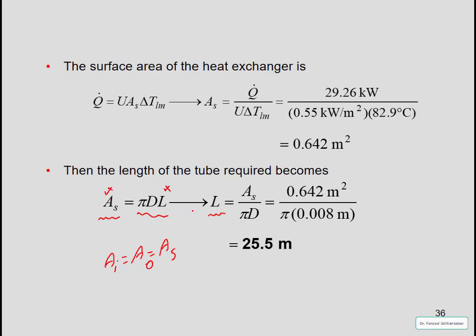So to find L, because it is our unknown, we can rearrange this equation like this: L equal to AS divided by pi D. So our problem now is changed to find this AS. AS is unknown. How can we find this AS?